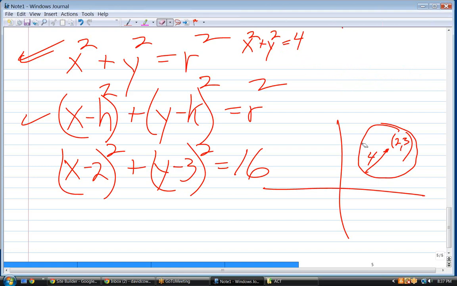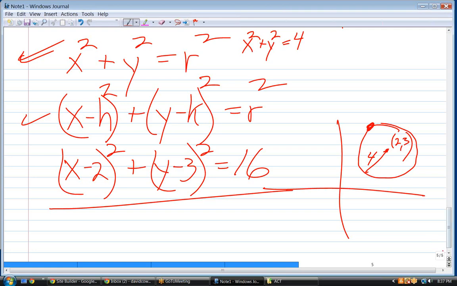Same thing with this circle down here. If I gave you a point right there, for that point to be on that circle it has to satisfy. Whatever the x and y coordinate of that point is, I can plug it into this formula, and it better still be an equation. Otherwise, that point is not on the circumference of that circle.